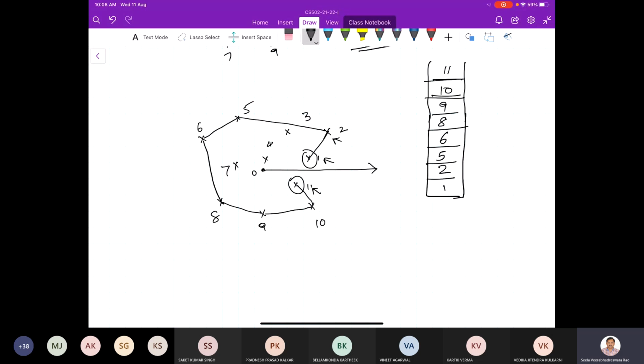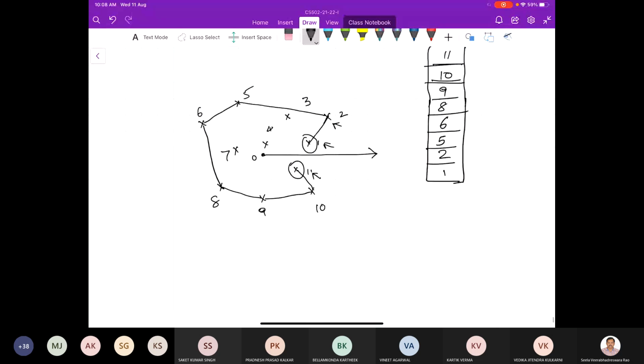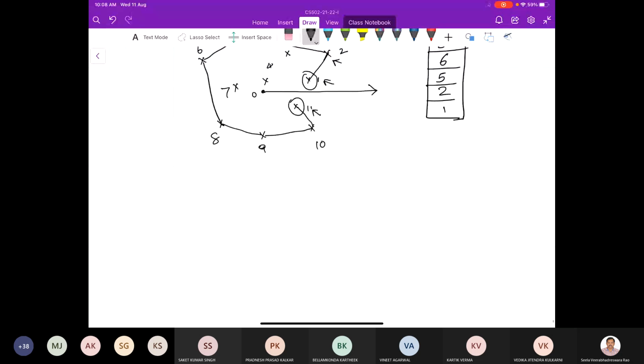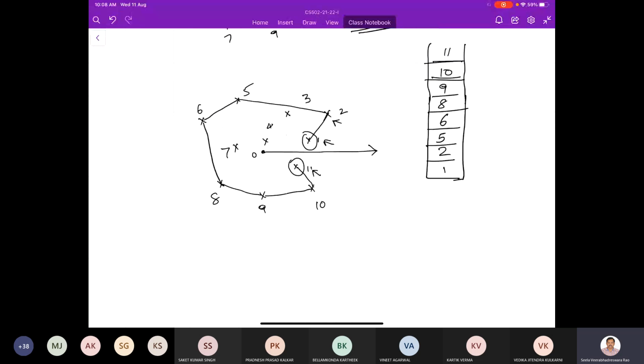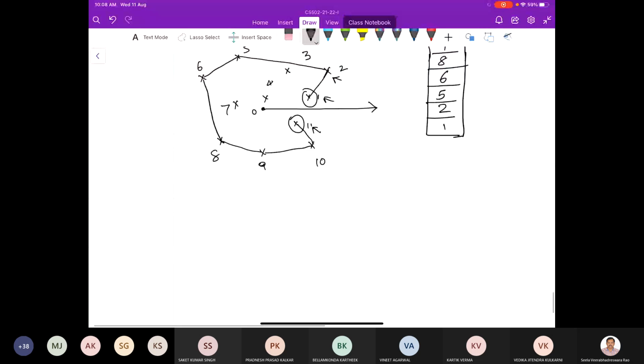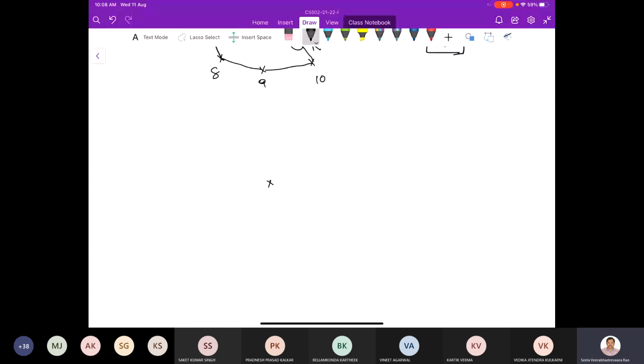For example, take another case here. Take these points like this: this is your O, the first point, suppose the second point is here, the third point is here, and the fourth is here.